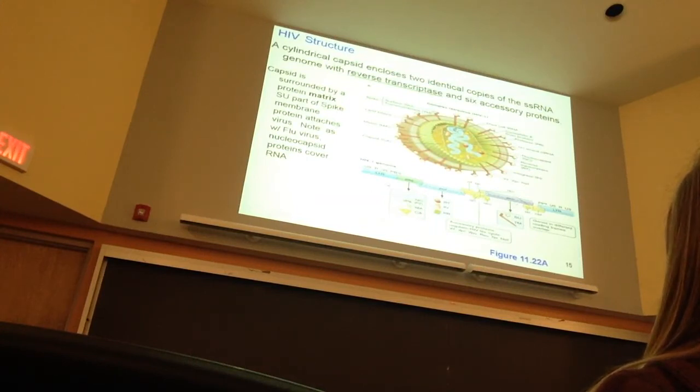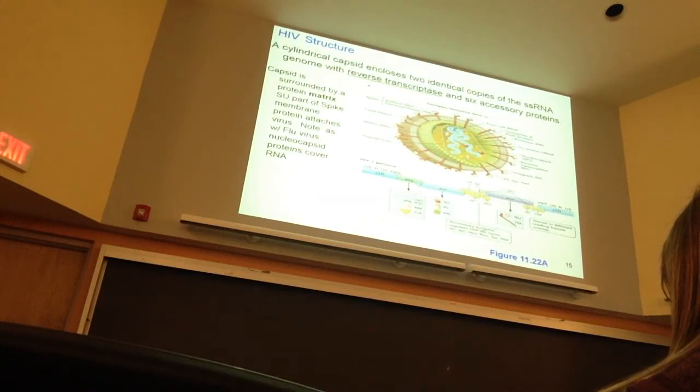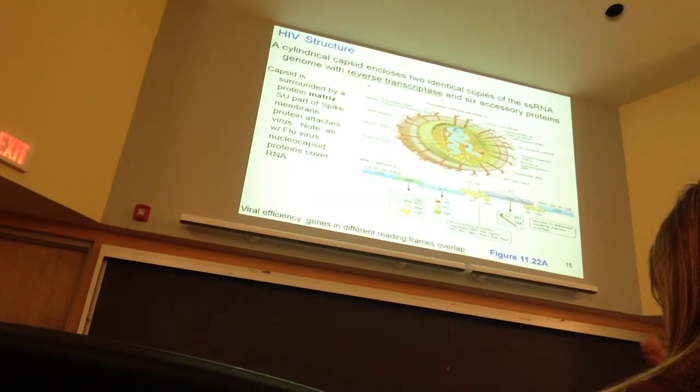But what's interesting, and is a good example, is there's a few things going on. You can see these genes overlap with each other. So the end of the GAG genes extends through the beginning of the polymerase genes. And you can see a number of these genes overlapping. Viral efficiency. Genes are overlapping, so they're saving space.